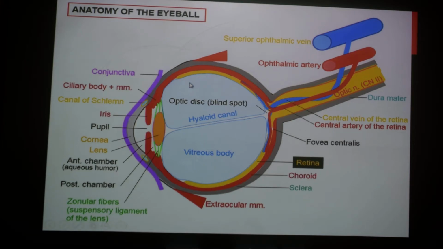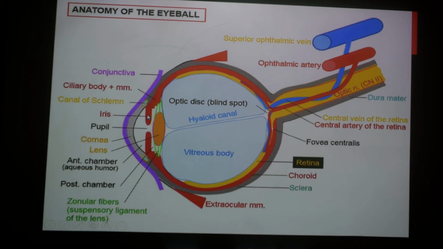Okay, the next layer below the sclera is the choroid, and you can see this choroid is also called the uveal tract because it is formed by 3 things. The posterior part, which is just next to the sclera, is choroid, and as we go anteriorly, this choroid is going to give rise to the ciliary body, and then anterior to the ciliary body is the iris.